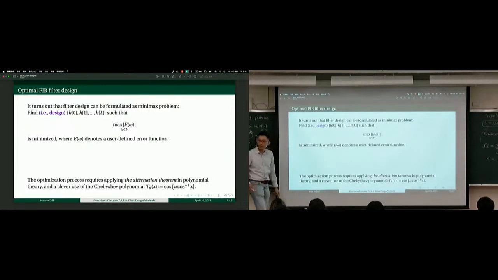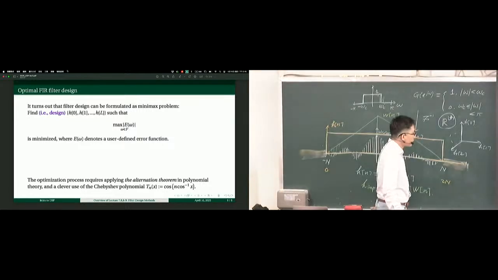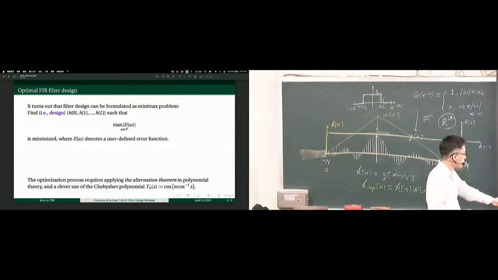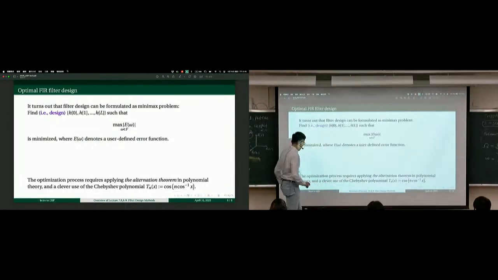This is complicated, right? In this way of design, this optimization process requires some interesting knowledge about polynomials. It turns out that we will be applying what is called an alternating theorem in polynomial theory, 多项式的.